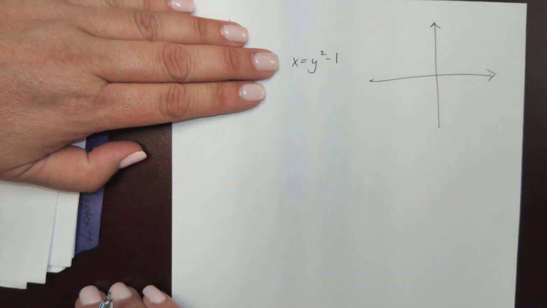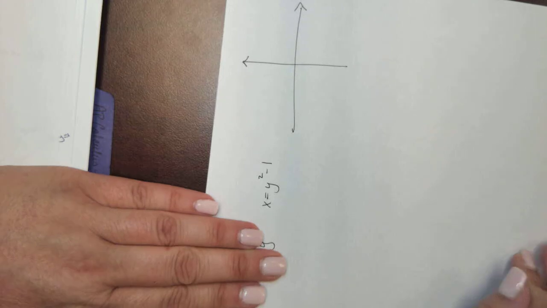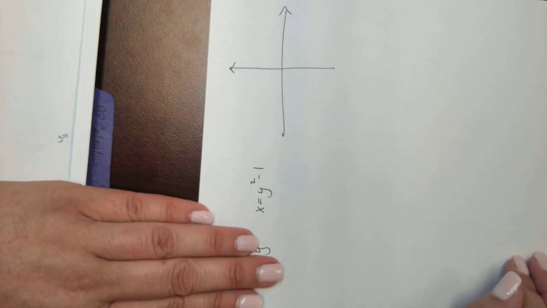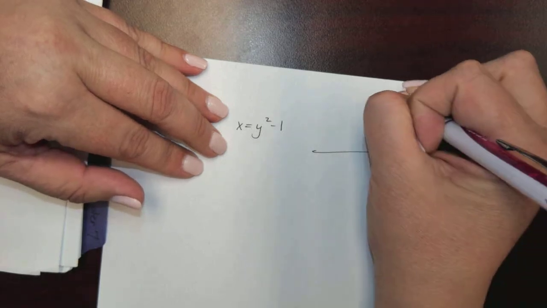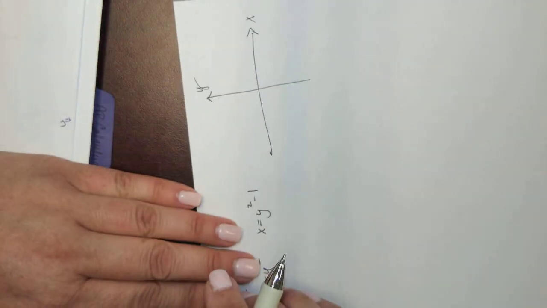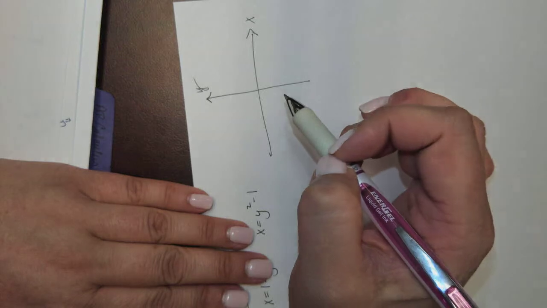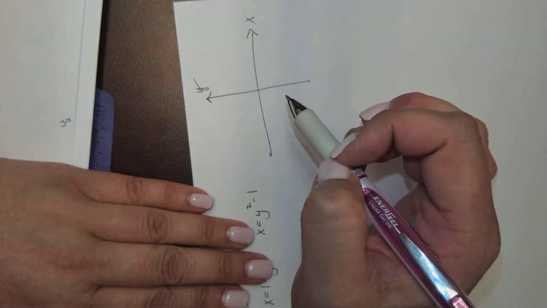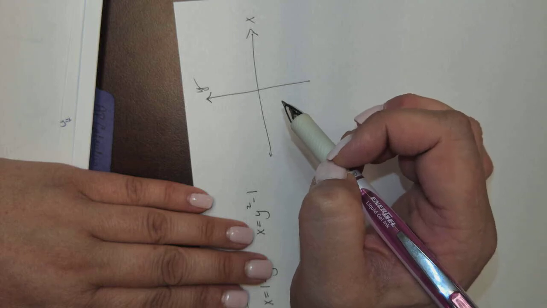A way to remember this: if I wanted to think y equals x squared minus 1, I can turn my paper. This is still my x, this is still my y. If I turn this, x squared minus 1 is a parabola shifted down 1.